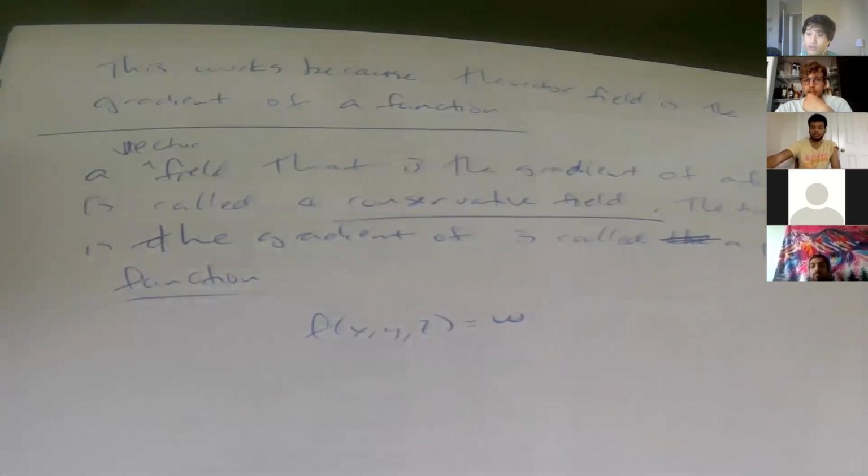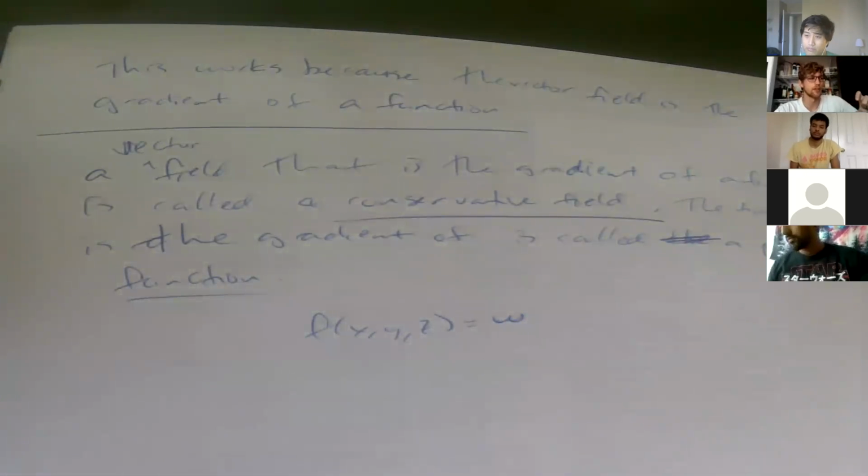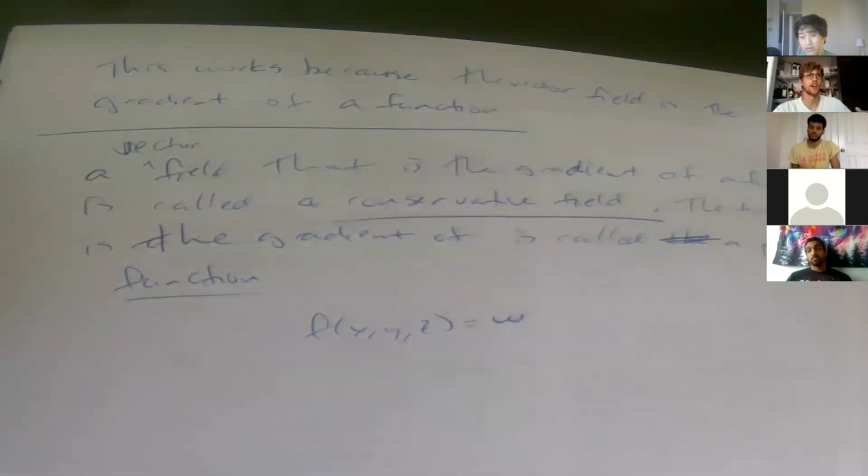Okay. It feels like we have an integral over some curve C of the gradient of a function dotted with dr. And it feels like you're trying to say that we need to find the function that turned into that gradient.